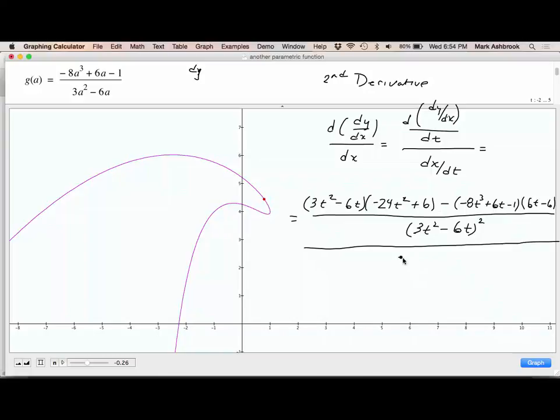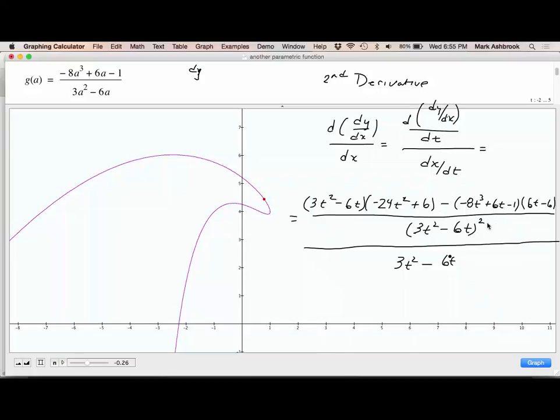3t squared. So this is the derivative of your first derivative with respect to t, or d/dt of dy dx, and then dx dt. So then what do we get? We can actually combine these, and we just put this whole numerator over this thing cubed. So I'm not going to write it again.